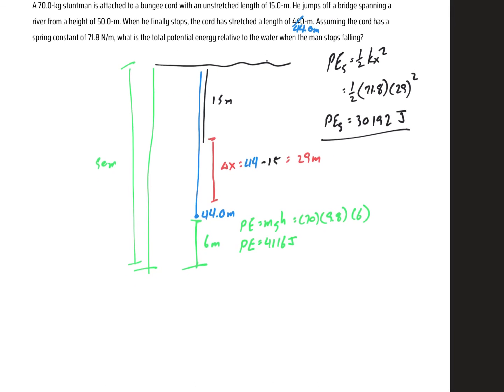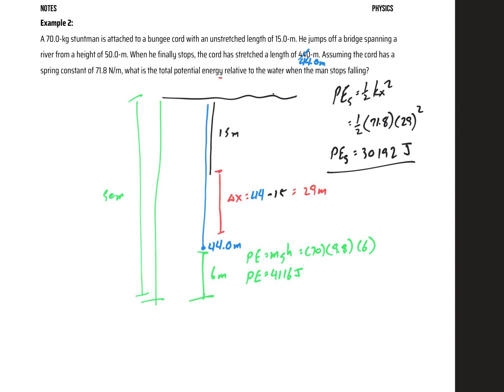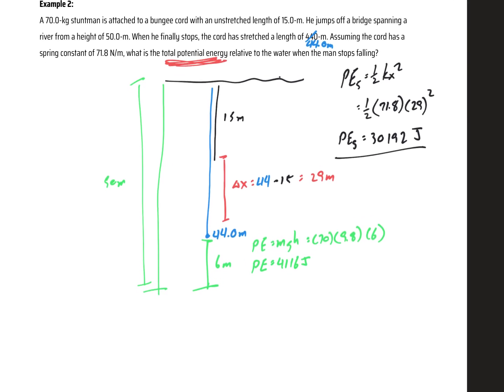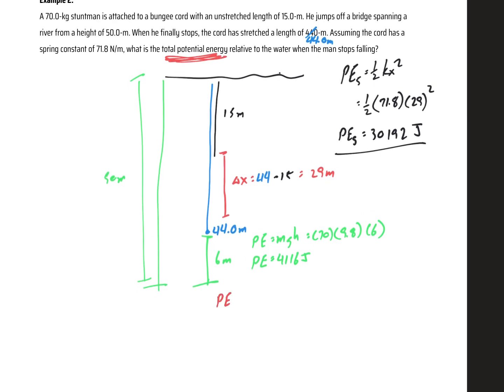The question is asking, what is the total potential energy relative to the ground? So potential energy total equals the potential energy of the spring plus the potential energy gravitationally where he is above the ground.